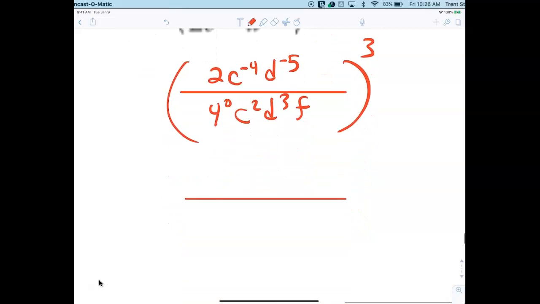All right, now simplify. 2, what is this right off the bat? 1, right? So now, what is that? So it would be 4. I'm not understanding. You said you're simplifying the fraction, right?